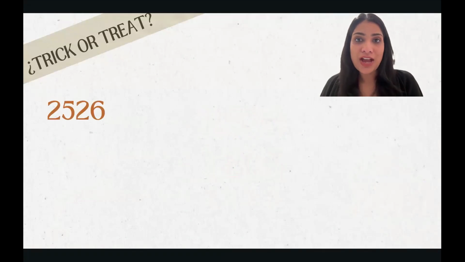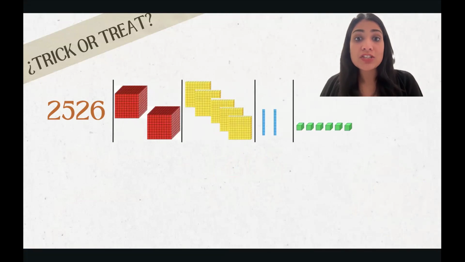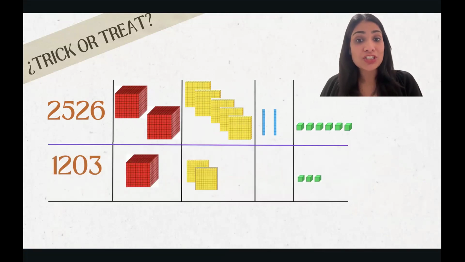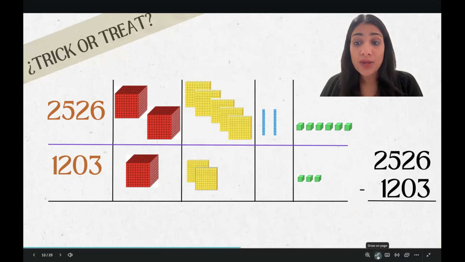So 2,526 is actually made up of 2 thousands, 5 hundreds, 2 tens, and 6 ones. 1,203 is made up of 1 thousand, 2 hundreds, 0 tens, and 3 ones. When we stack together, what we are actually doing is we are going to subtract, right?